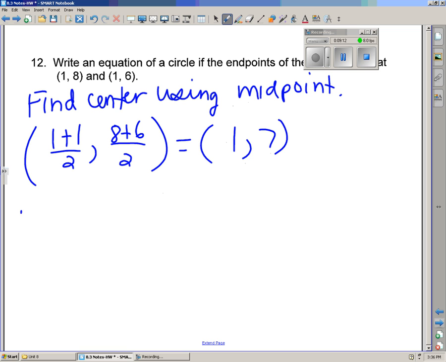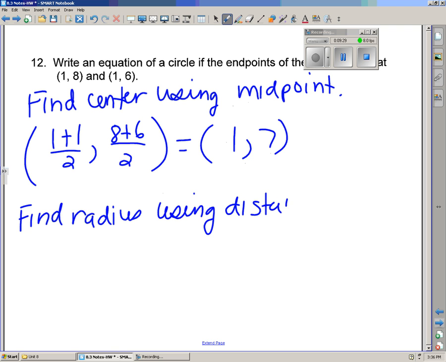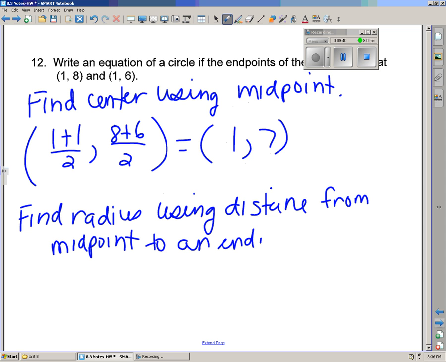So now you're going to find the radius. You're going to find the radius using the distance from the midpoint to an endpoint.